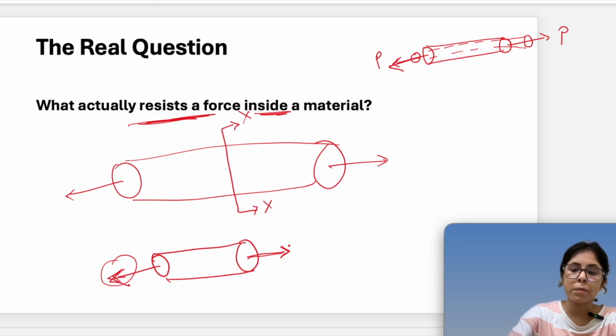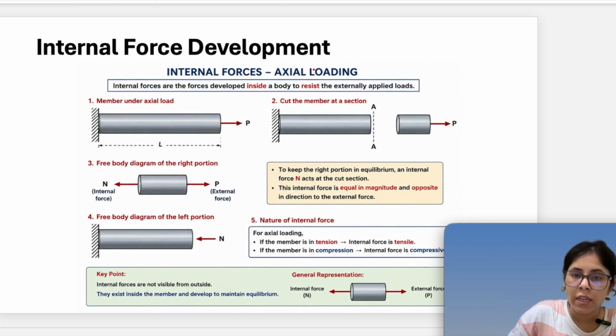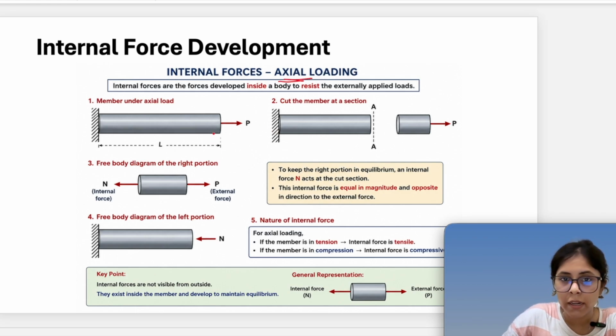Now, how are the internal forces developed, what are the different internal forces, let's see. For axial loading, the same thing that I explained in the previous slide. The member under axial load was something like this, creating axial force with length L, and then we cut the member at section AA.